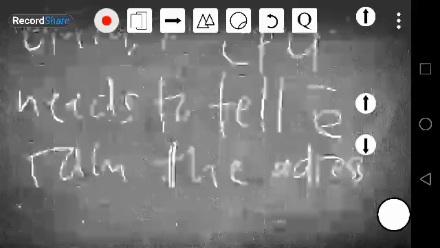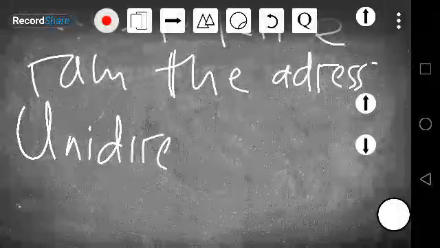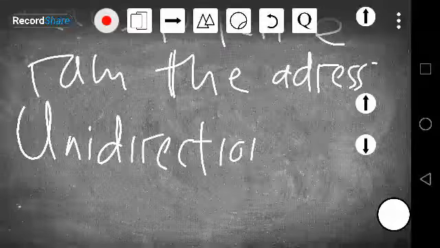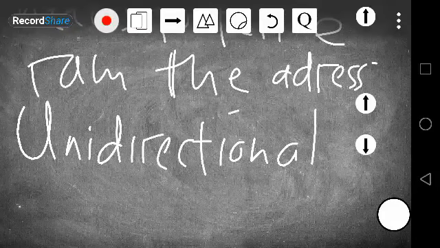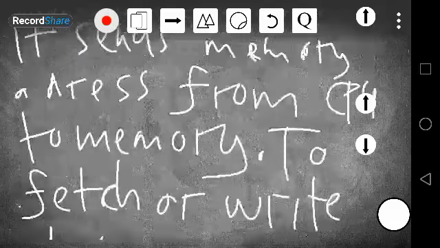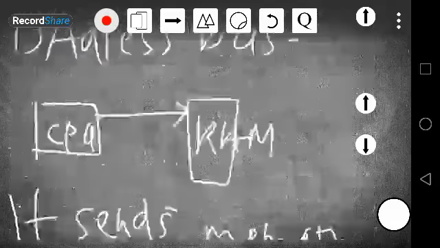And this one is unidirectional. Unidirectional in the sense that it's only the CPU inokwanisa kusenda ma address ku RAM, and not RAM sending addresses to the CPU. So this one it's unidirectional.